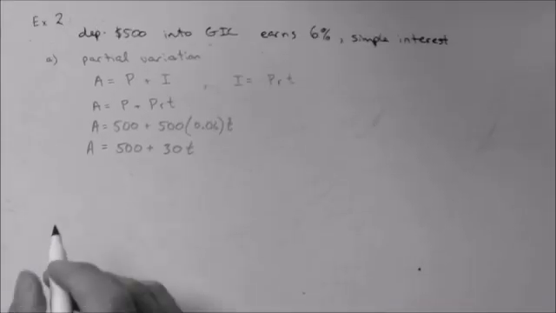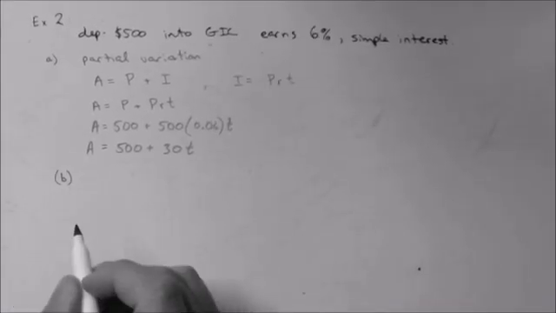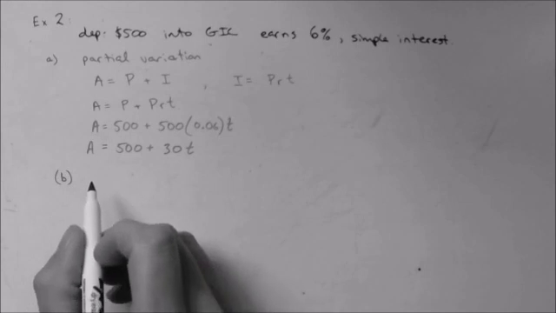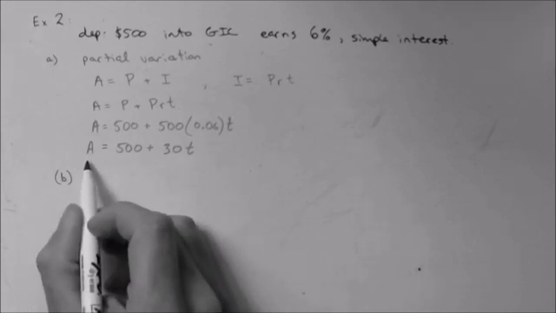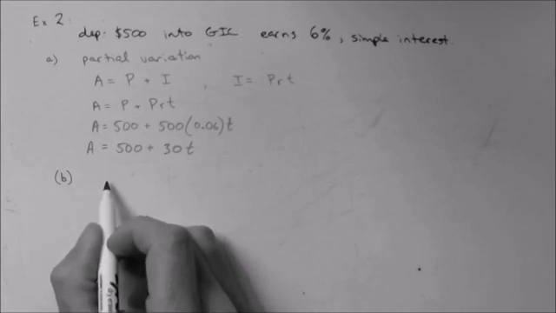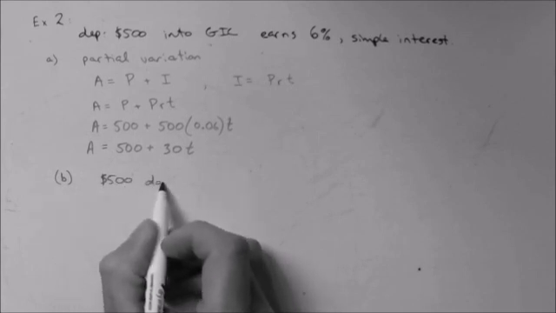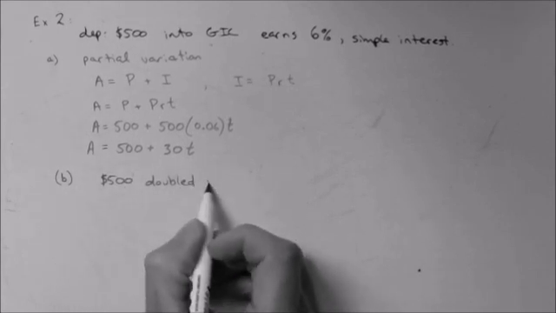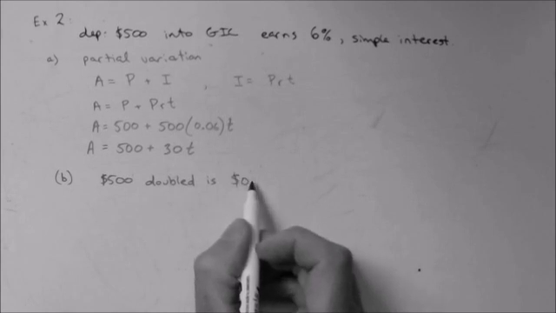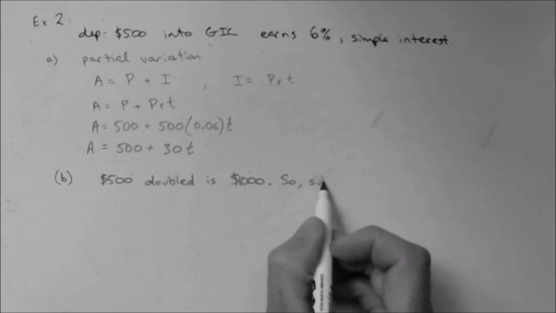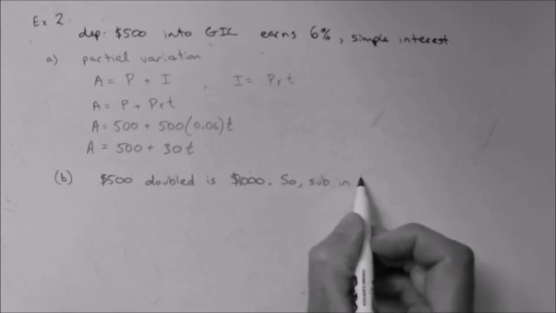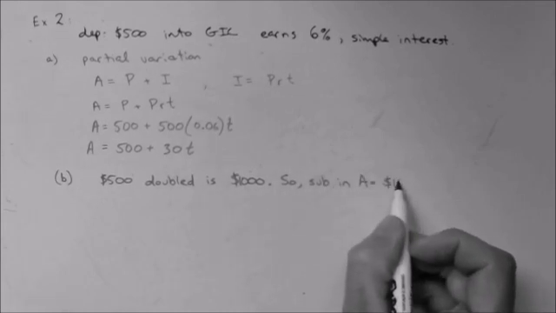All right, B, we're asked to determine how long it will take for this investment to double. Well, if we want $500 to double, then the amount that we're going to be looking for is $1,000. So $500 doubled is $1,000. So sub in A equals 1,000.